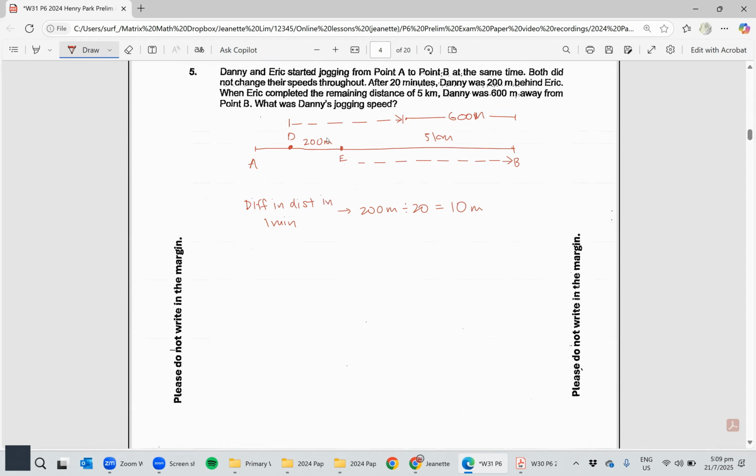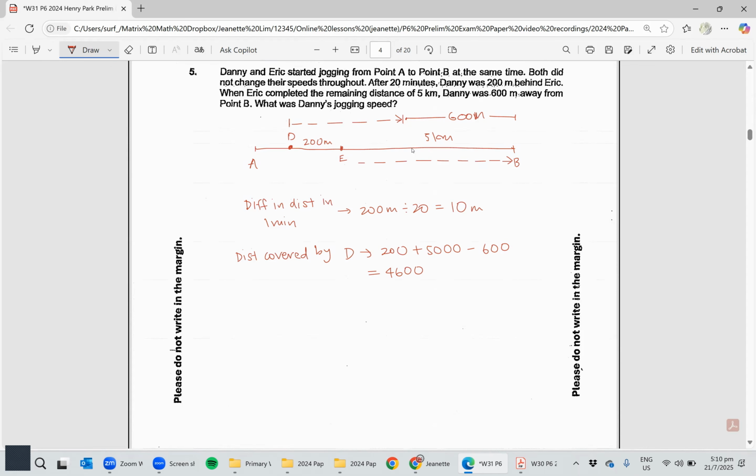Then now let's look at what Danny covered. Danny covered 200 plus this part here, and this part here is 5 km minus 600. So Danny covered 200 meters plus 5,000 meters minus 600 meters. Distance covered by Danny, 200 plus 5,000 minus 600, which is 4,600.